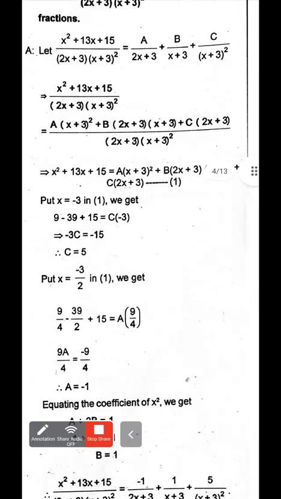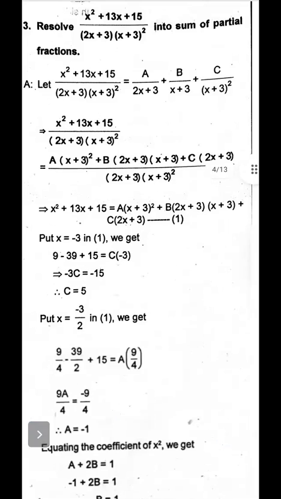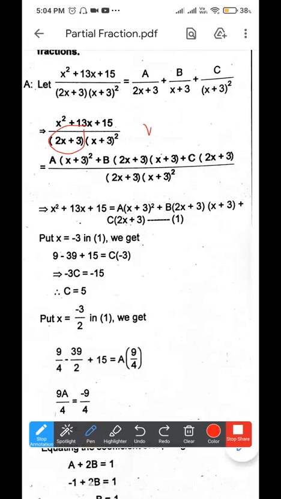Now, as you can see over here, the values are given to us. 2x plus 3 is equal to 0, x is equal to minus 3 by 2. x is equal to minus 3. So first we are substituting x is equal to minus 3 in this equation.